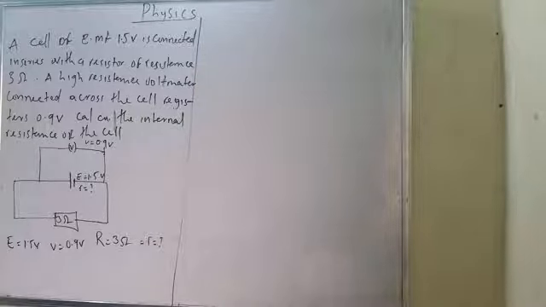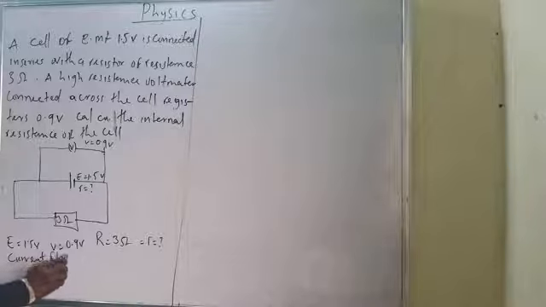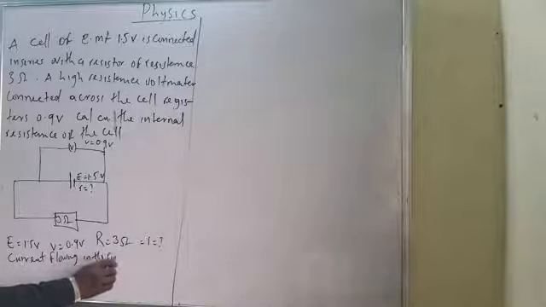By so doing, I can now say that the current flowing in the circuit will be equal to I equals E over big R plus small r. Now I'll be having 1.5 divided by 3 plus small r.